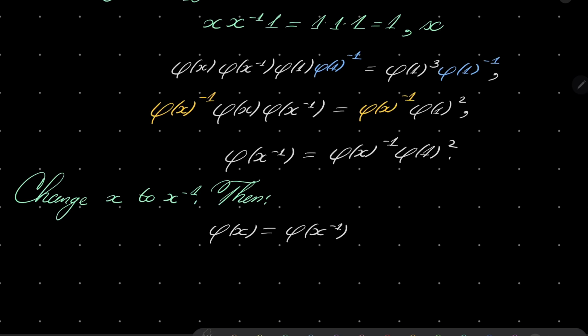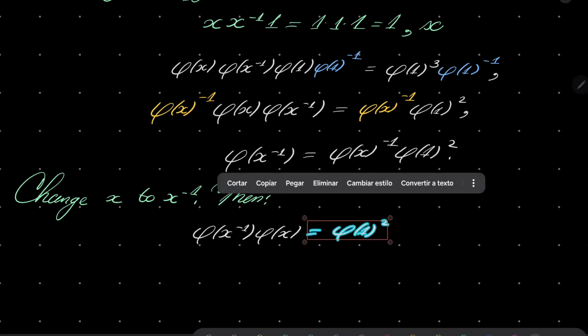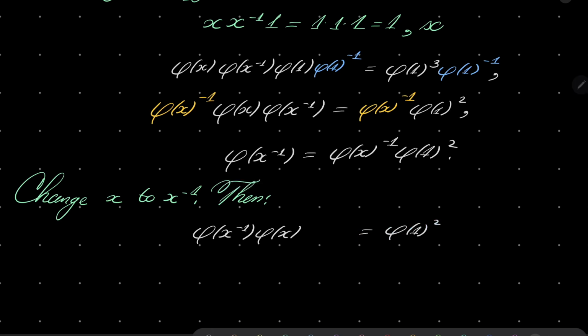Maybe, you know what, let's start with this line right here. We have phi of x inverse times phi of x equals phi of 1 squared. And now I can write phi of x inverse in a different way. Now I can take this equation and multiply on the right hand side by phi of x inverse.